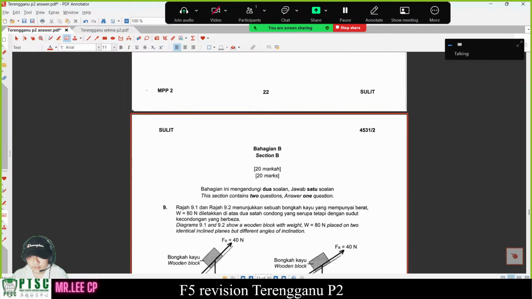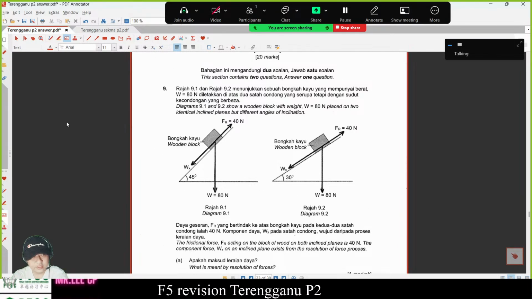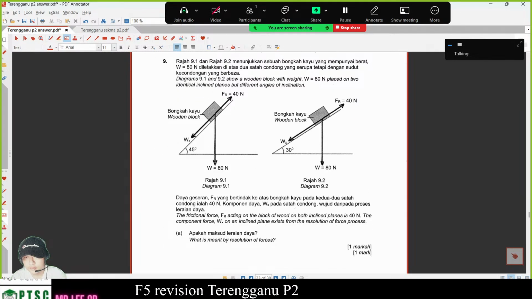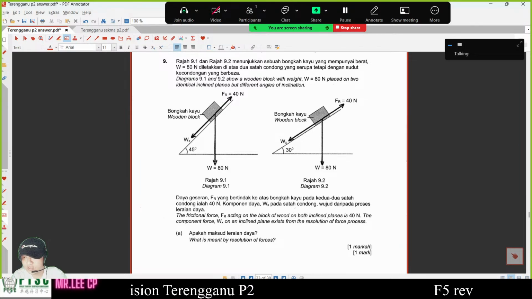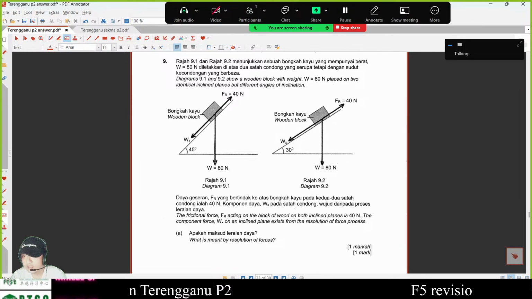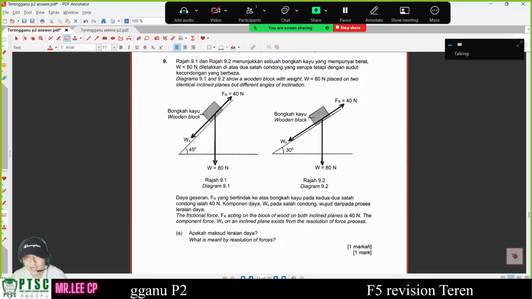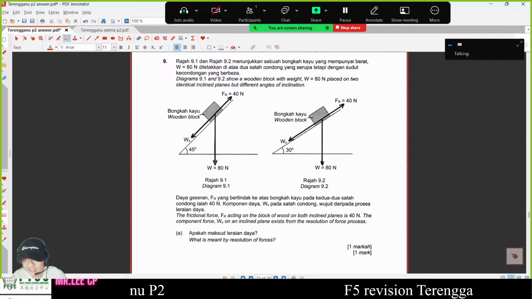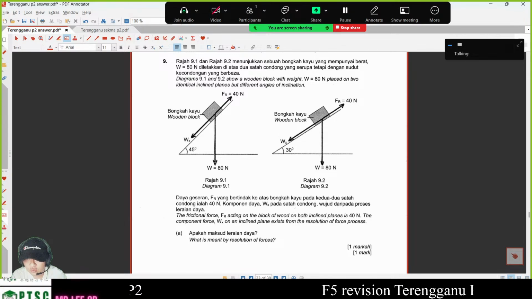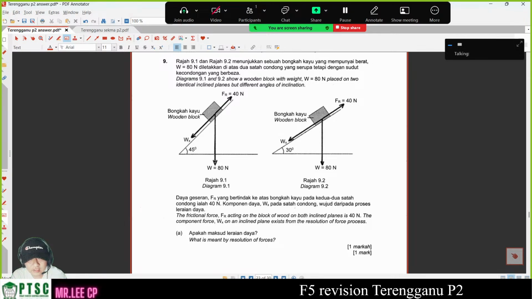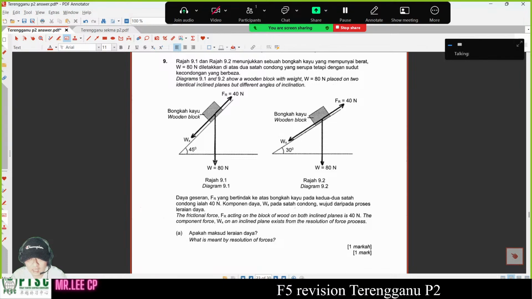All right, so we are going to do question number 9. Question number 9, diagram 9.1 and 9.2 show the wooden block with the weight W equal to 80 Newton placed on two identical inclined planes but with different angles of inclination, 45 and 30. So this one is 45, this one is 30.